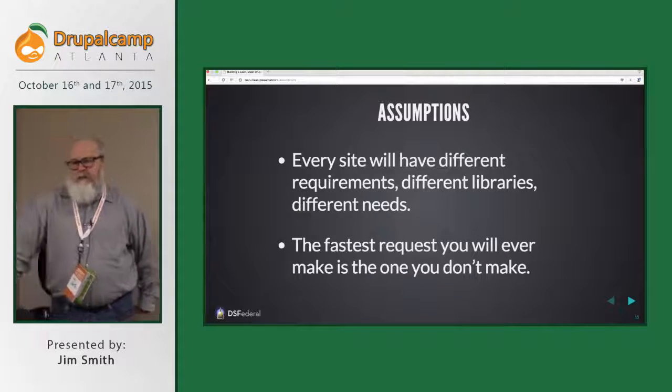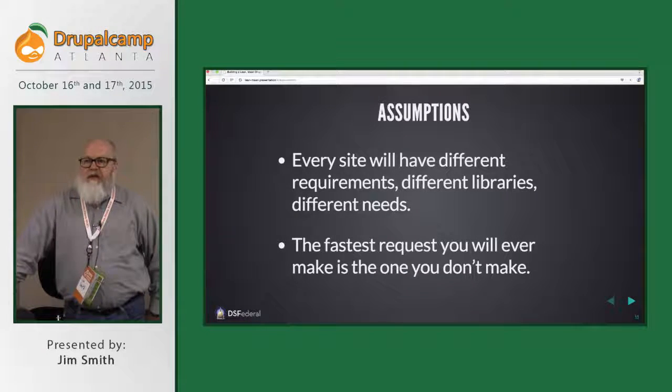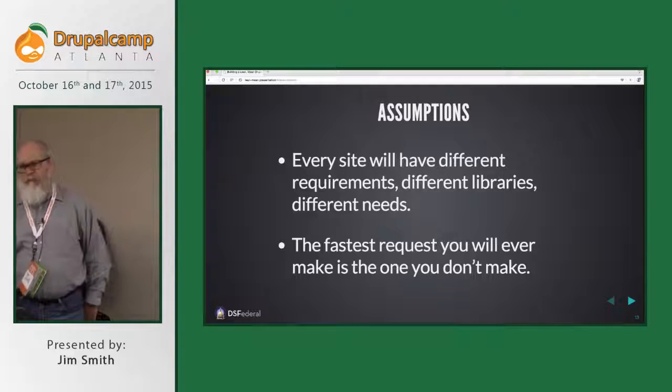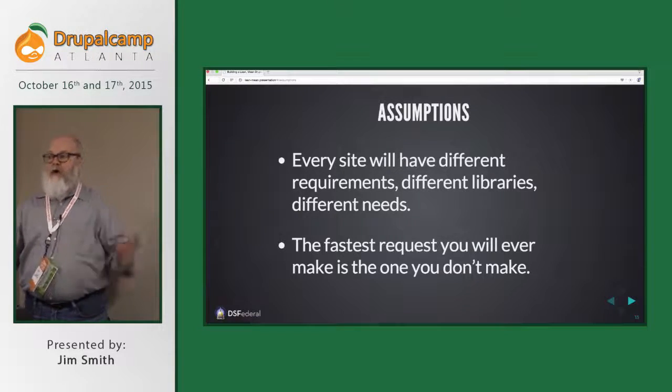And the other assumption that we need to make is that the things that you leave out are the things that are going to make your site faster. If you can leave something out, that alone will help you.